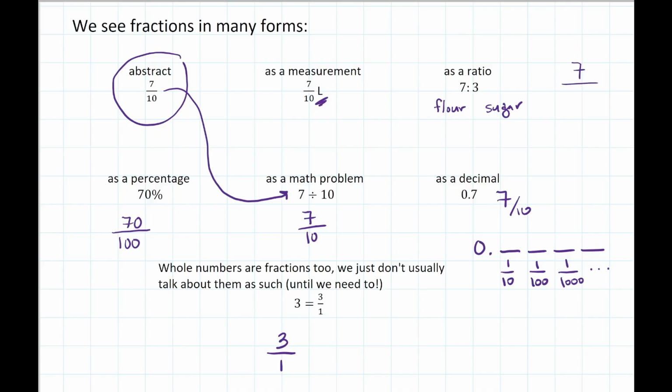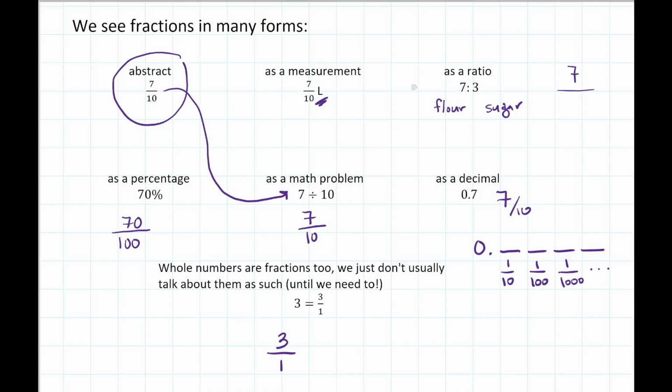But then remember that the bottom of this fraction, if I'm taking this ratio and making it a fraction, needs to be how much I have all together. Out of these dry ingredients, I have 7 of how much of it is flour. And on the bottom of my fraction, I need the total, my whole amount of dry ingredients.